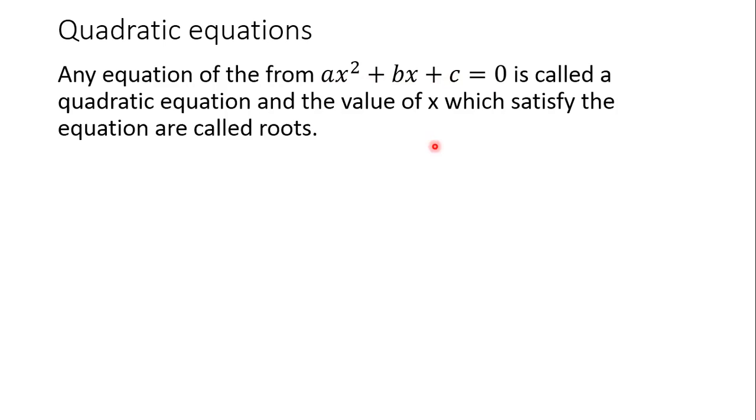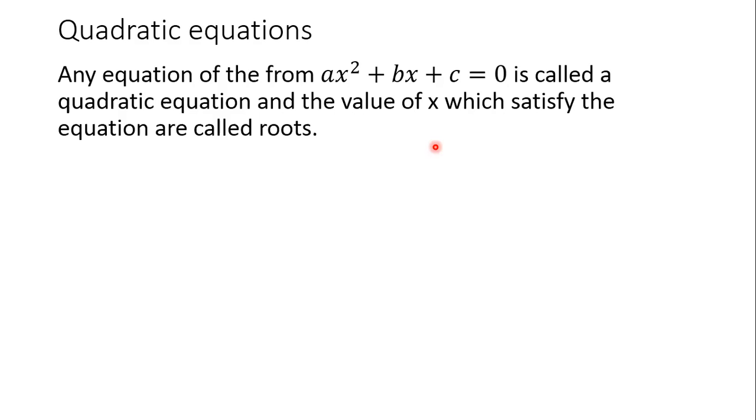So the values of x, they are normally 2, keeping other factors constant. It can be the same value, but appearing 2 times. So a solution to a quadratic equation always gives us 2 answers.